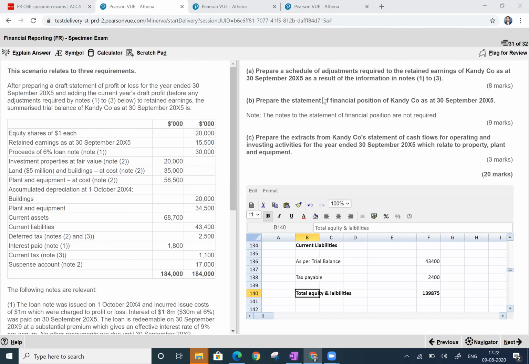So we are going to do one single entity question, explain the cash flow statement, and set a timetable tomorrow.